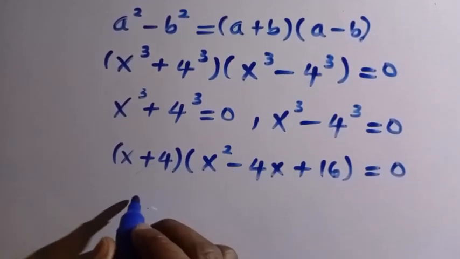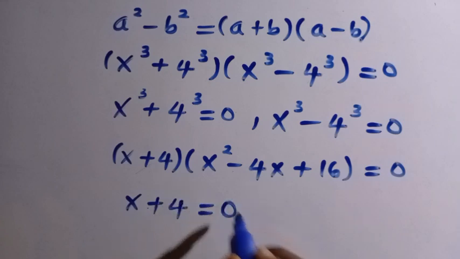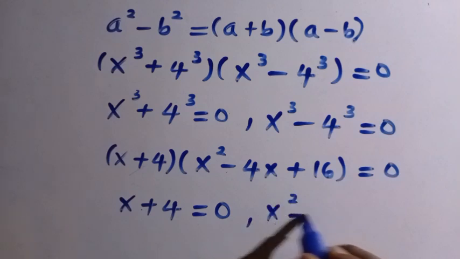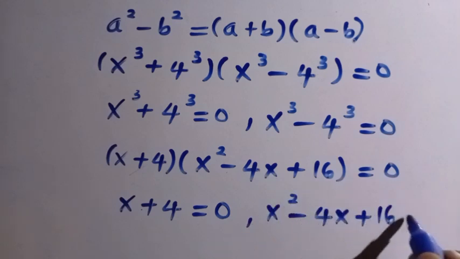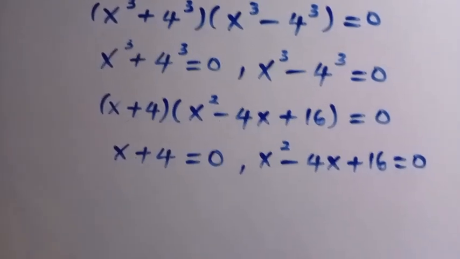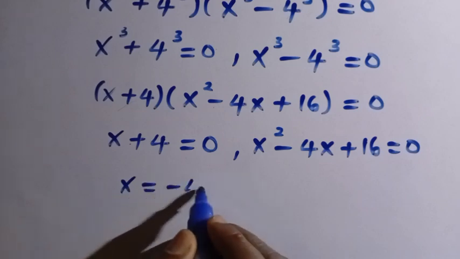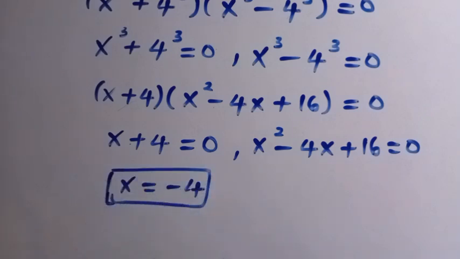And by this, we are going to let x plus 4 equals 0, and we also let x squared minus 4x plus 16 equals 0. Then from here, we get the first value of x equals minus 4. So here is the first solution to this.